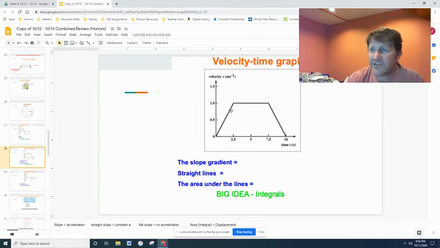So this right here is showing the acceleration. But then the other side of that was that I can look at the area under the curve, take the integral, and if I calculate the area under the curve here, that is going to give me my displacement. So it's important that you understand the difference between what the slope is and what the area under the curve is. Okay, so the integral again is that area under the curve.